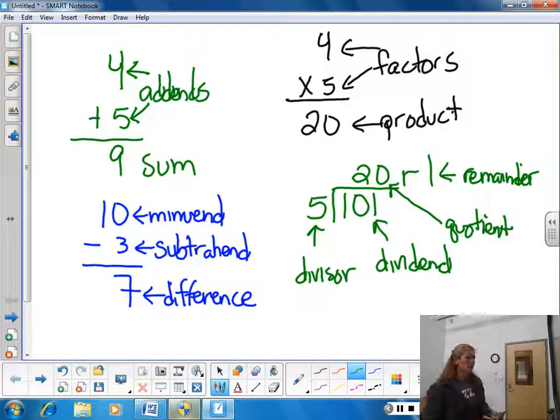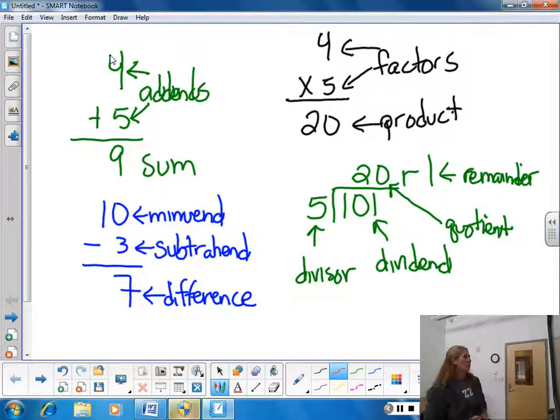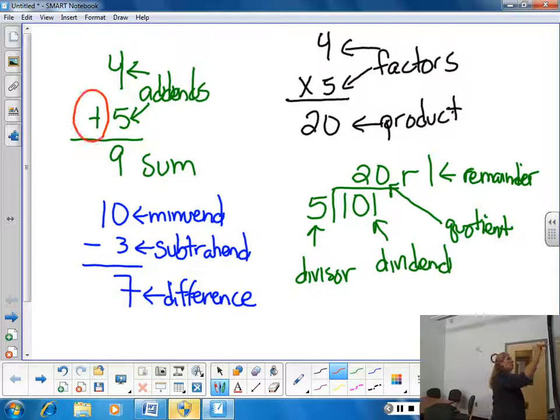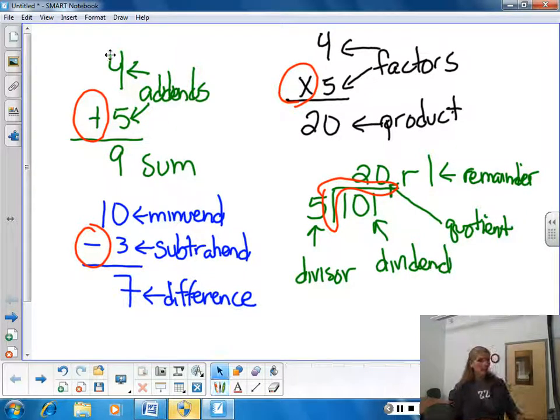And for all of these, I'm going to use red to circle the operator. The operators are addition, subtraction, multiplication, and division. So the operators are those things that tell you to actually perform an operation. And then the equivalent symbols, and all these are the lines.